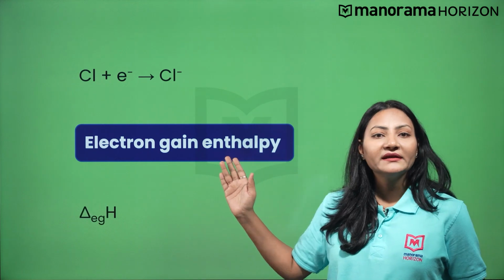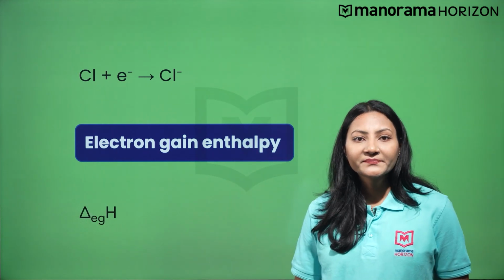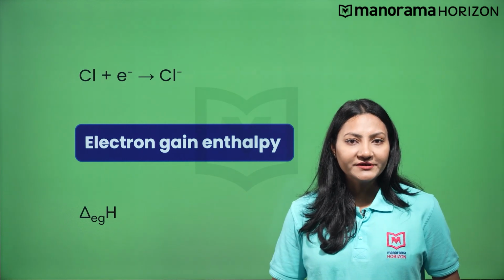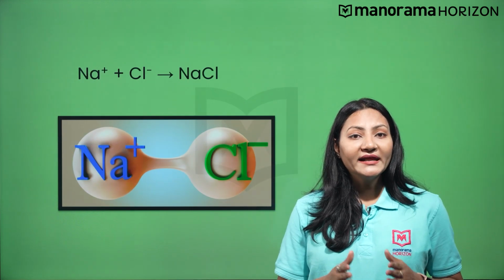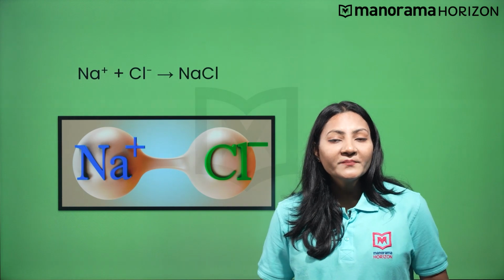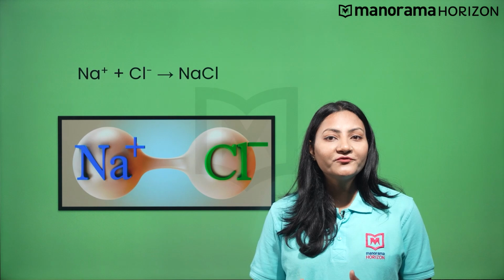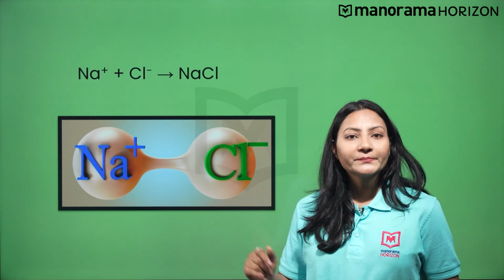It can be exothermic or endothermic in nature. The positively charged sodium ion and the negatively charged chloride ion thus formed are held together by a strong electrostatic force of attraction and form sodium chloride.